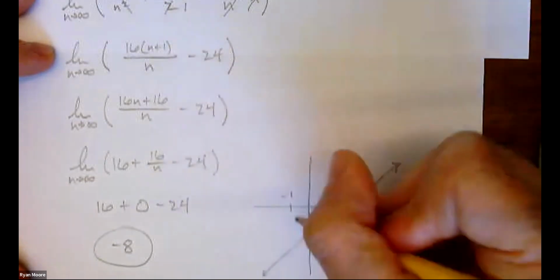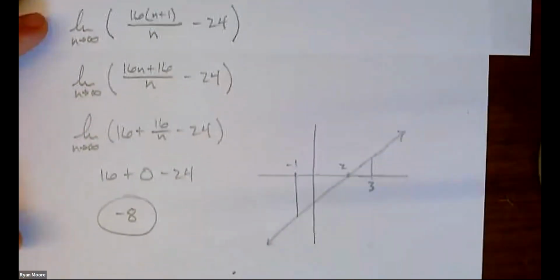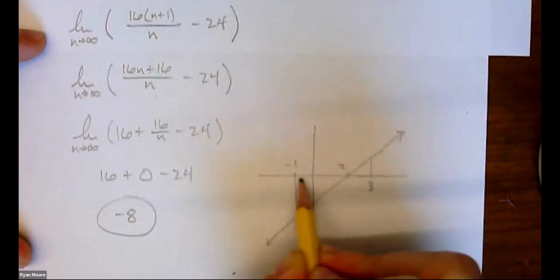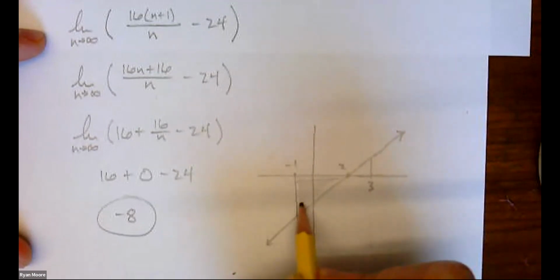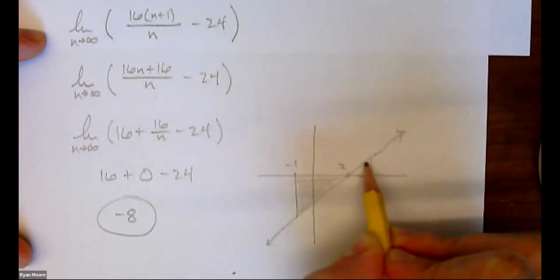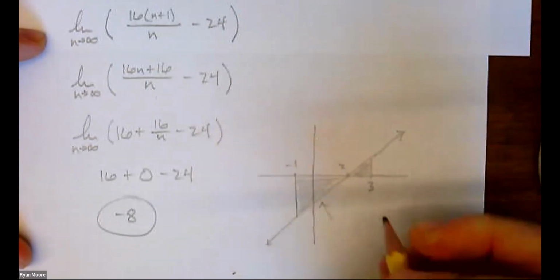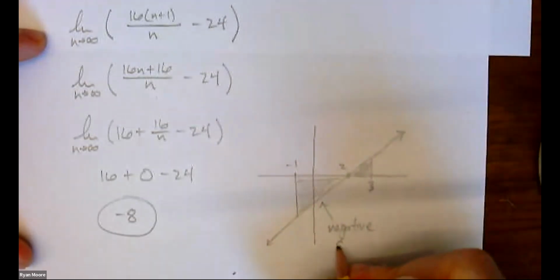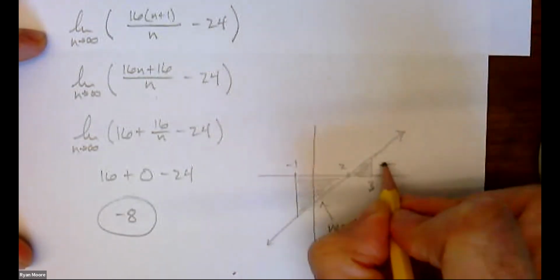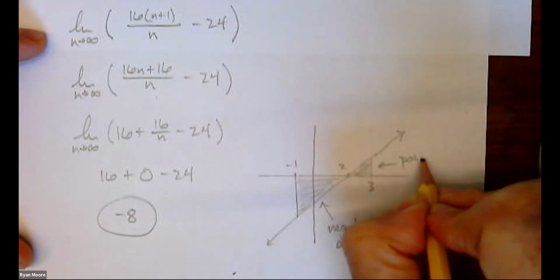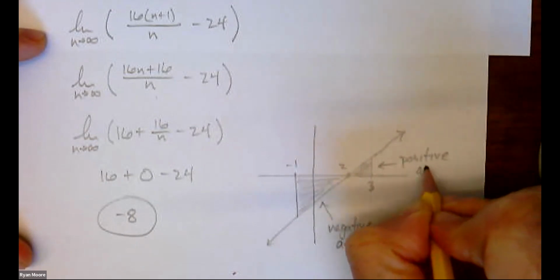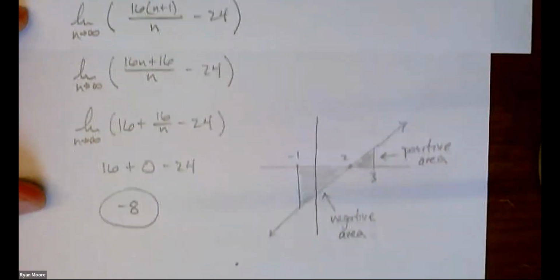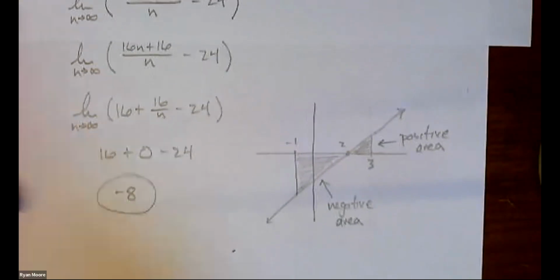Back here was -1. So it's got more area beneath the x-axis than it does above. This area is considered negative area, and this bit above is positive area. So in the end, we had more negative than positive. So we got a negative result.